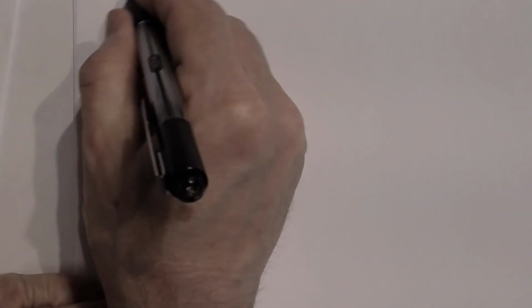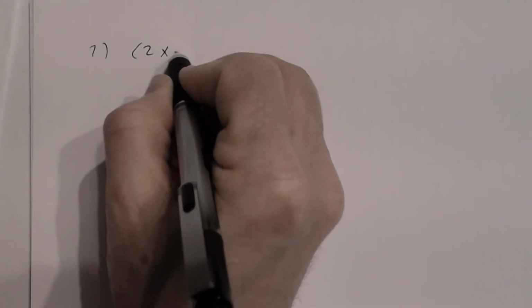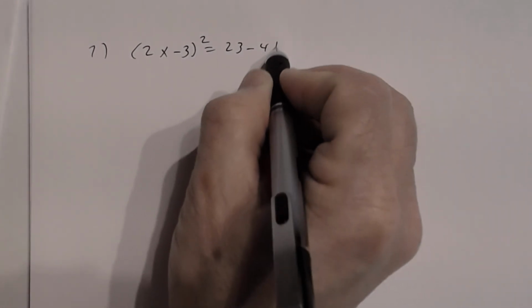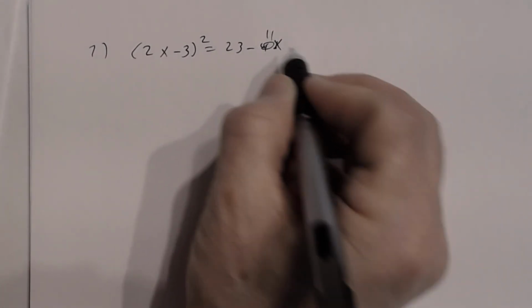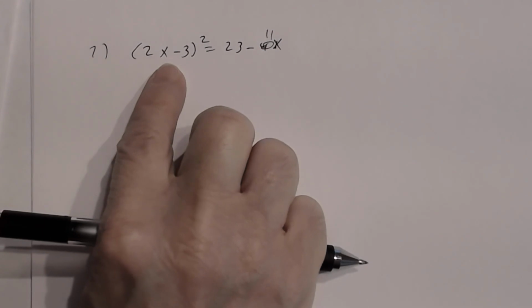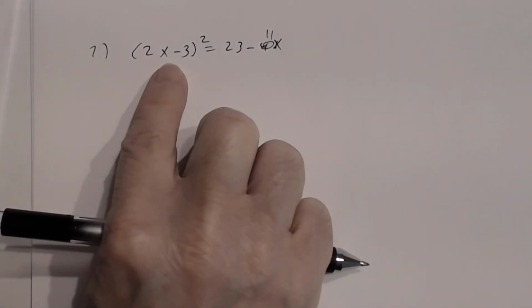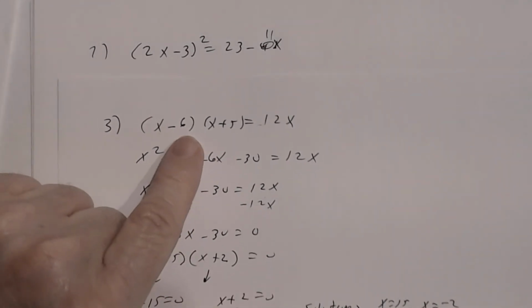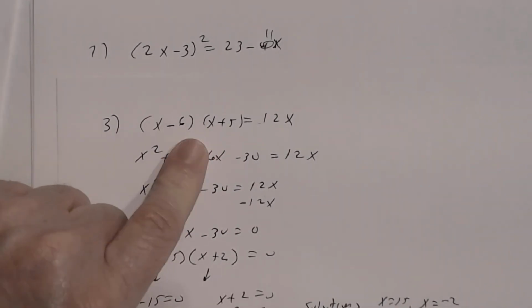All right, so number 7. Okay, number 7, we have 2x minus 3 squared equals 23 minus 11x. Okay, that's 11x. All right, so just as before, isn't that kind of like this where you have a product of two binomials?